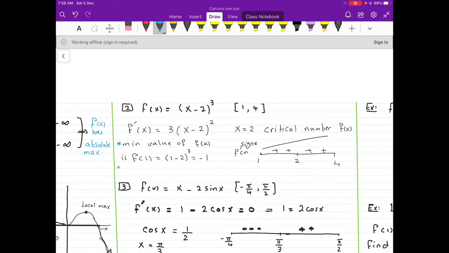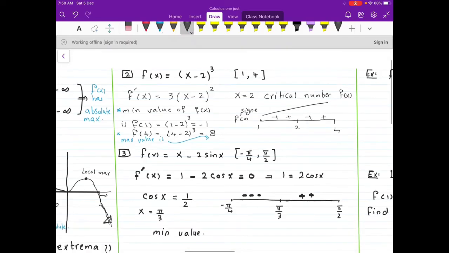Now, what is f of 4? f of 4 equals (4 minus 2) to the power 3, which is 2 to the power 3, 8. So the maximum value for the function is 8, and the minimum value is minus 1.